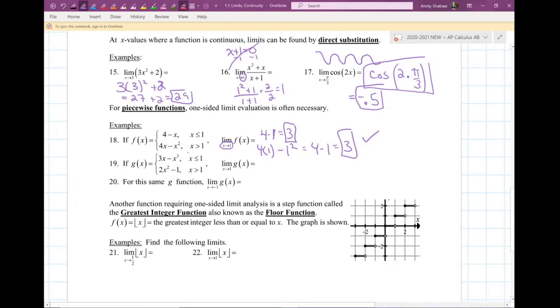I do 3 times 1 with 1 being cubed, and that's going to be a 3 minus a 1, which is a 2. Notice that we saw that height before. And then here I plug in the 2 times 1 being squared and minus 1, which is the same thing as 2 minus 1, which gives me a height of 1, which means that the limit does not exist.